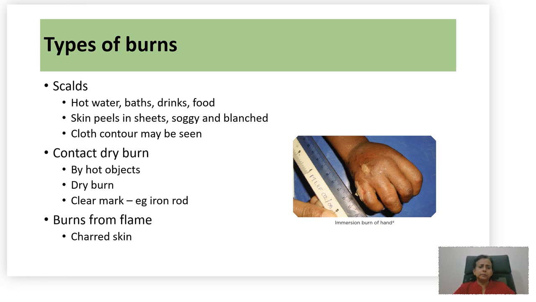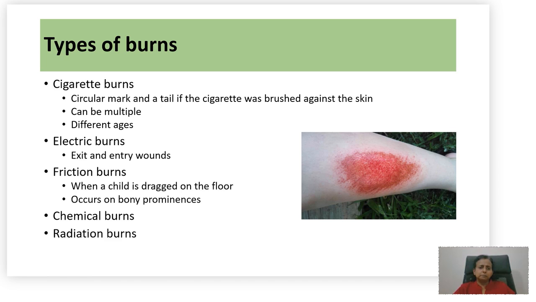So these are some of the burns that you may see: scalds due to hot water and contact dry burns by burning from an iron rod or incense or cigarette burns, and from flames where you can get charred skin. Then, of course, cigarette burns, electric burns, friction burns.